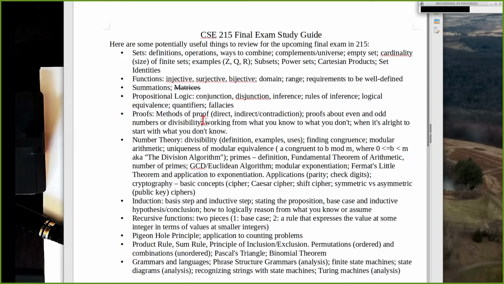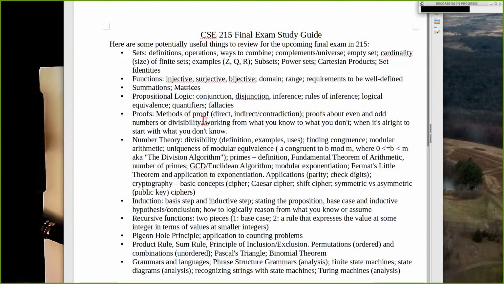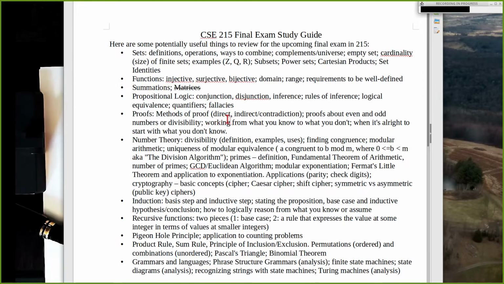And be really sure that you know how to write a proof. And if you've lost points or gotten feedback on homeworks or on the midterm and so on, make sure that you know how to do a proof, because I'm very much interested in how you present a proof.